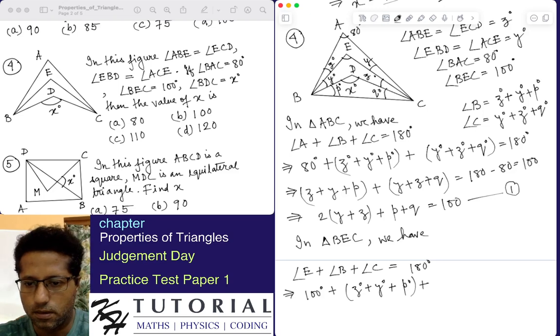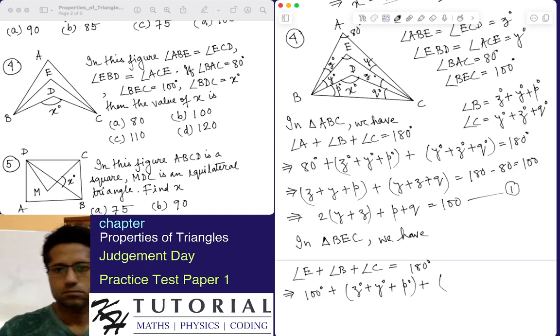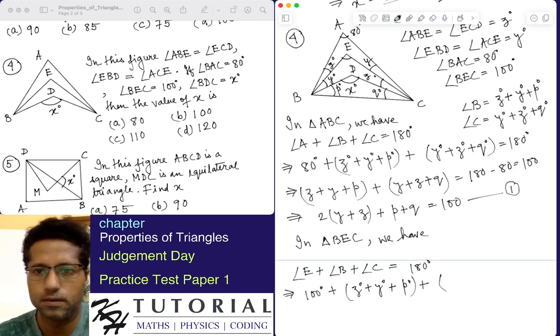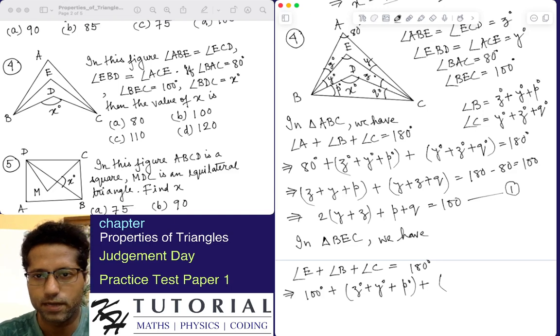No, sorry, actually for the triangle BEC we will not have angle B and angle C. Angle B and angle C are with respect to the triangle ABC.